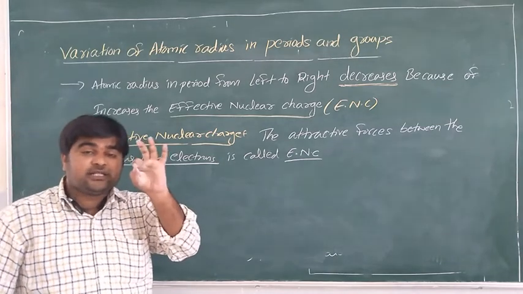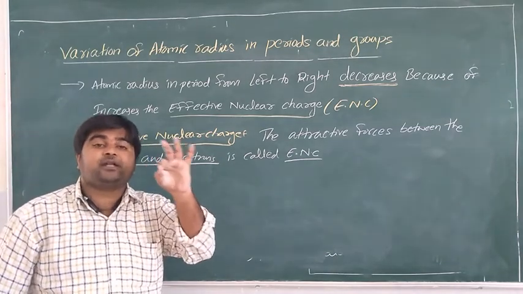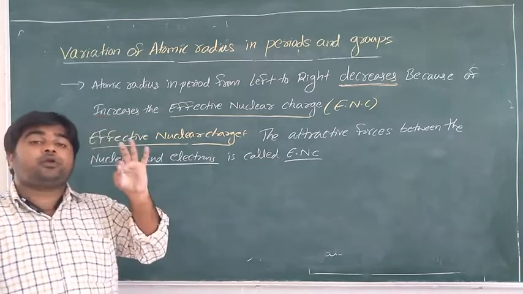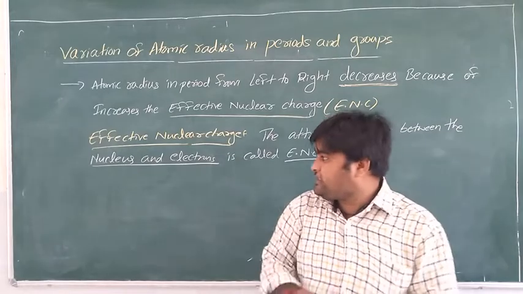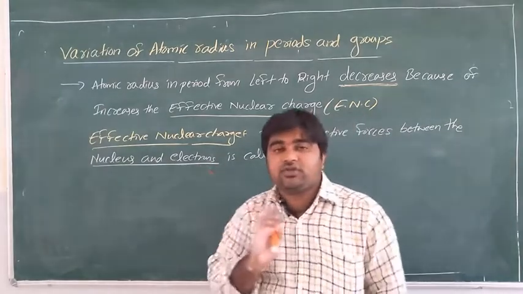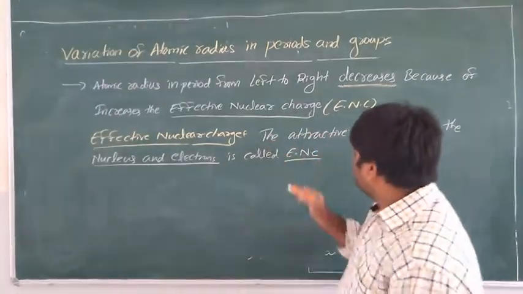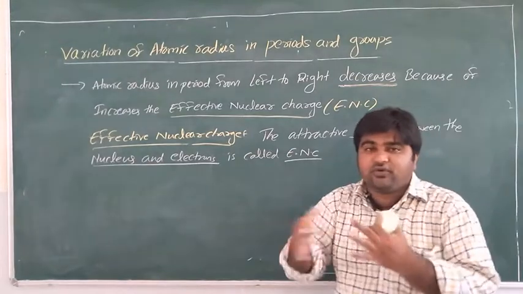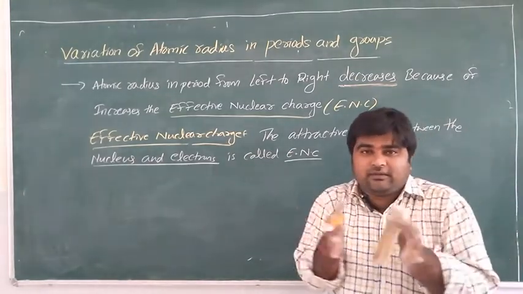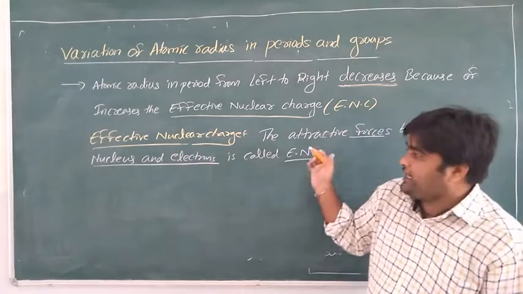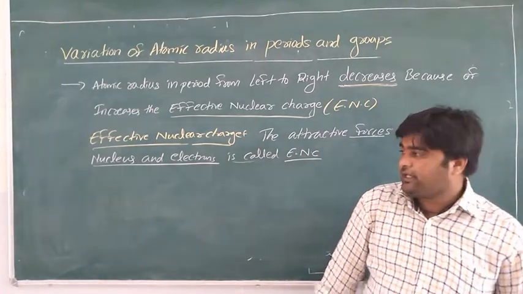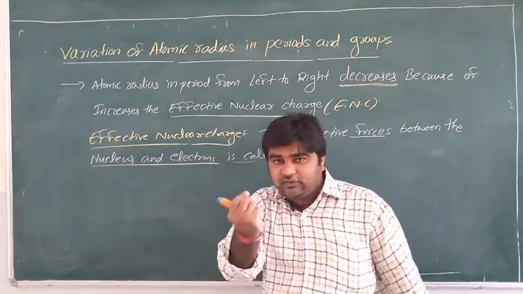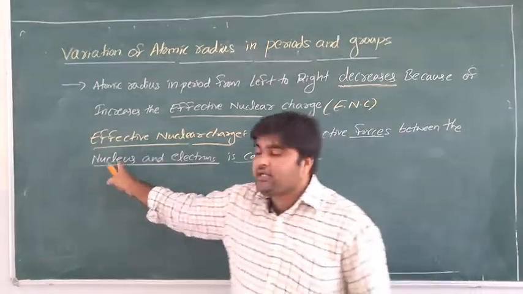The nucleus contains protons and neutrons. Protons are positively charged. Neutrons have no charge. So the attraction between the nucleus and electrons is called effective nuclear charge. Positive charge attracts the negative charge.